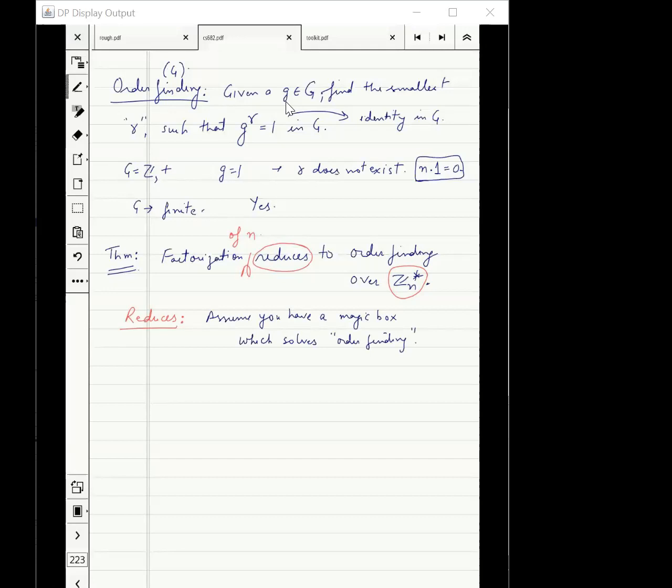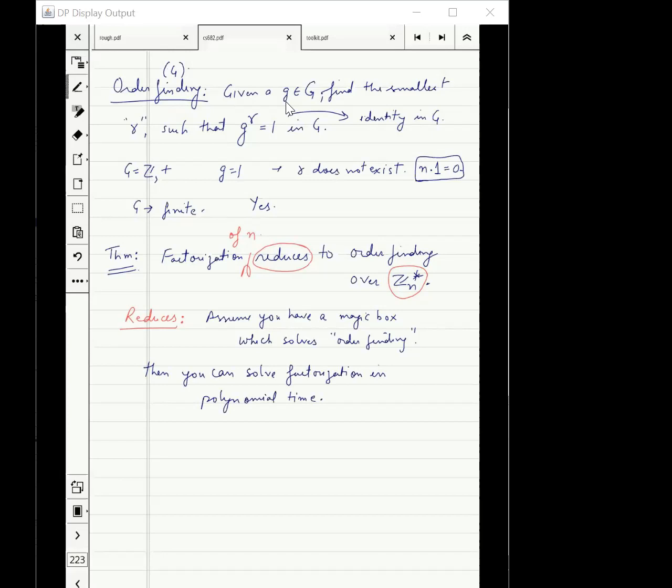If such a magic box is given to you, then you can solve factorization in polynomial time. This is what is meant by reduction.